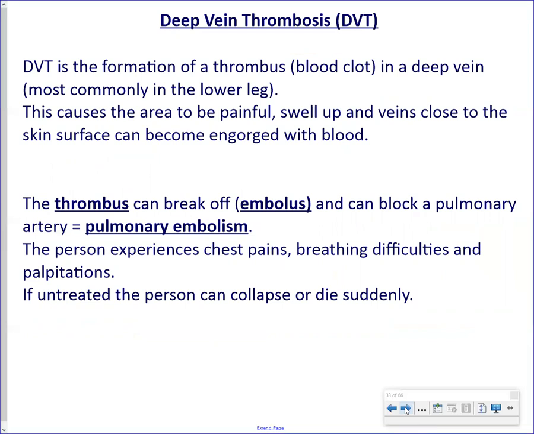And it can be even worse if the thrombus breaks off and it becomes an embolus. The embolus can travel through the body and it can become what's called a pulmonary embolism. So it can get blocked within the pulmonary artery, and obviously that can be extremely serious.